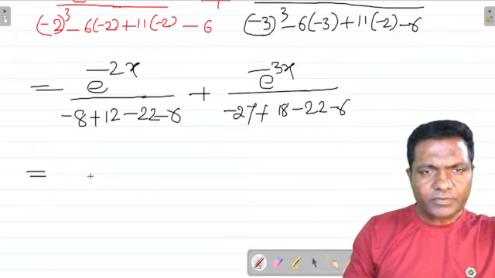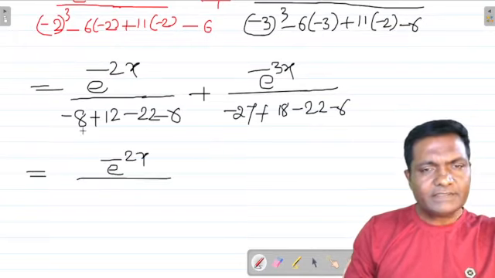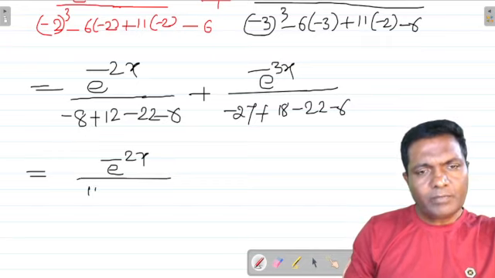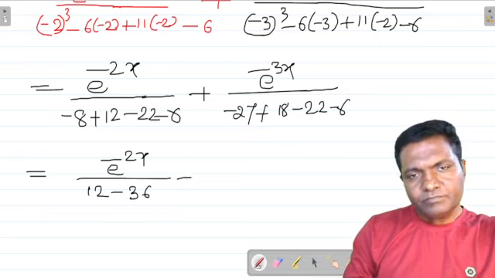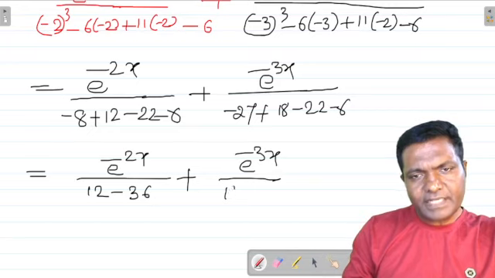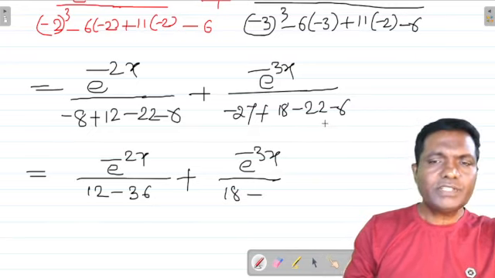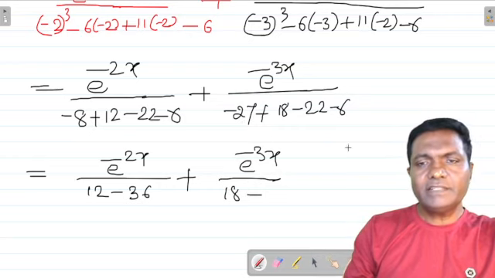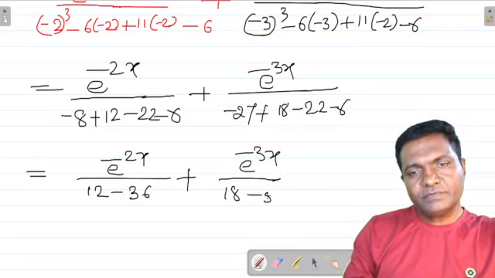So this is equal to e power minus 2x divided by, add this: 12 minus of, add this, minus 22 minus 8 is minus 30, minus 6 is minus 36, plus e power minus 3x divided by 18 minus of, add this, minus 33 minus 27 is minus 60, minus 6.